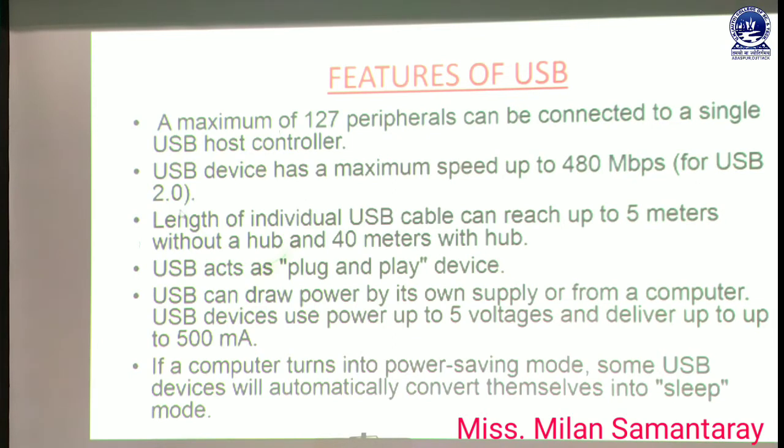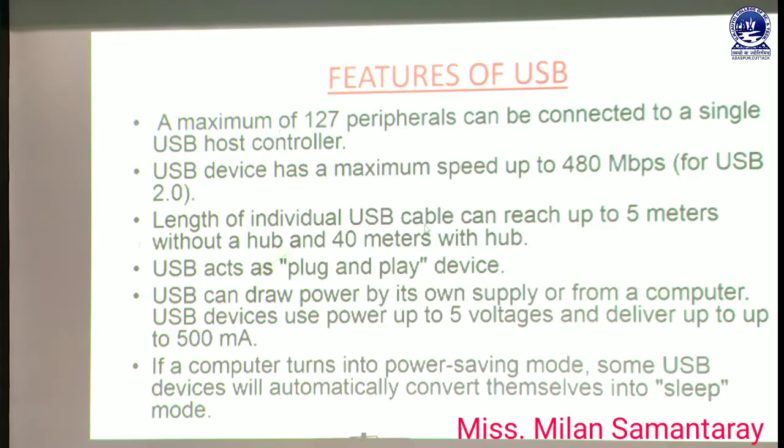There are different types of USB cables, and nowadays we are using USB Type-C, which is in the special type of mobile phones. But previously we were using the USB 2.0 version. The length of an individual USB cable can reach up to 5 meters without a hub and 40 meters with a hub.